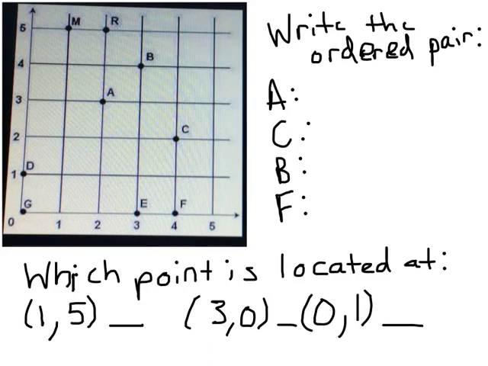Now let's practice. Write the ordered pair. When I find the ordered pair of a point, first I'm going to find the x-coordinate by counting how far over it is. Then I'm going to find the y-coordinate by counting how far up the y-axis it is. So let's write the ordered pair for point A. I can see how far A is along the x-axis.